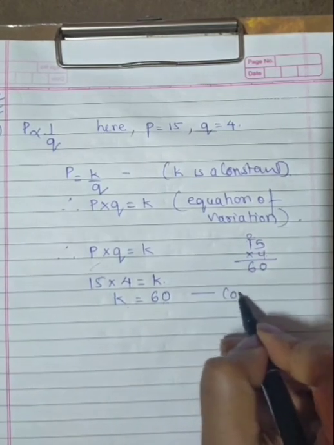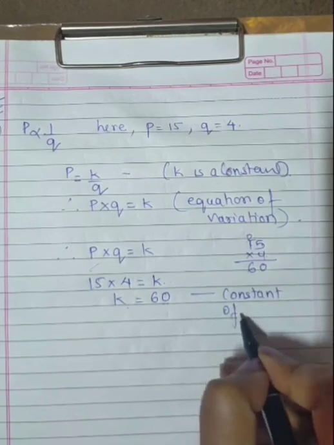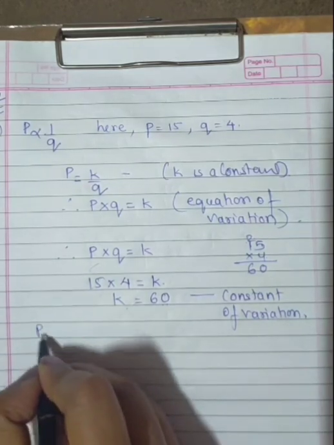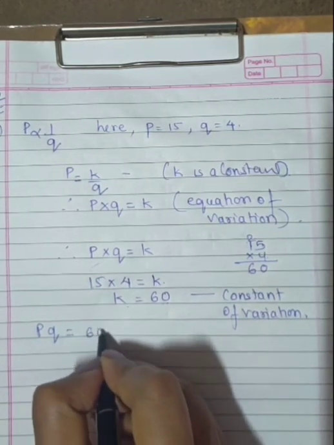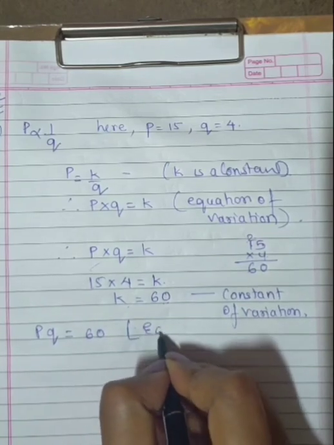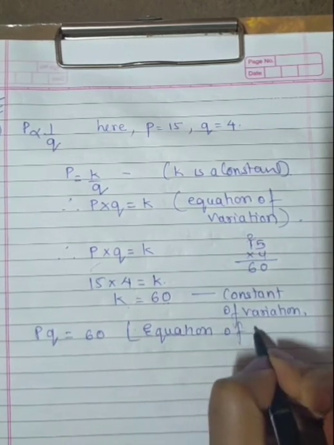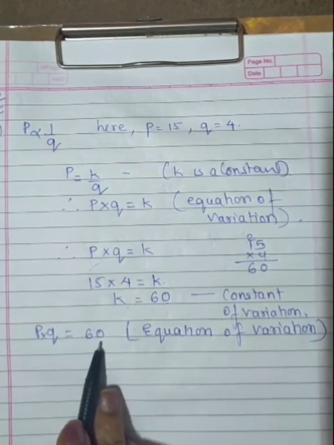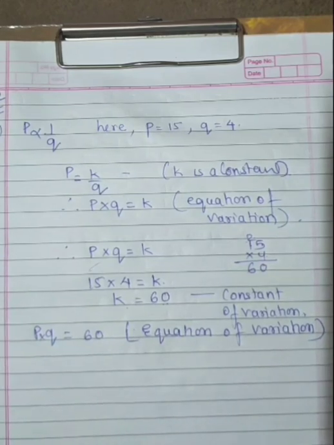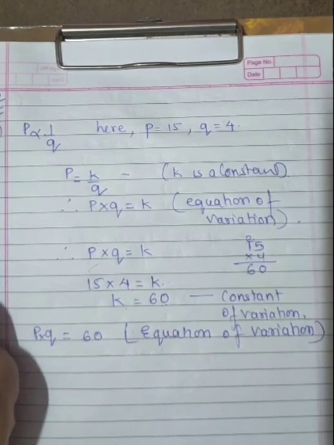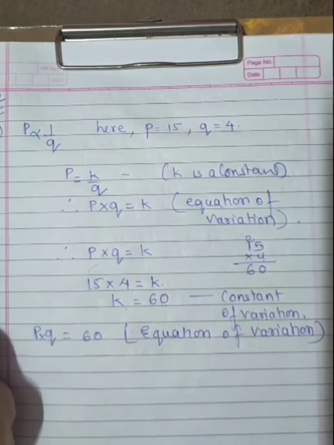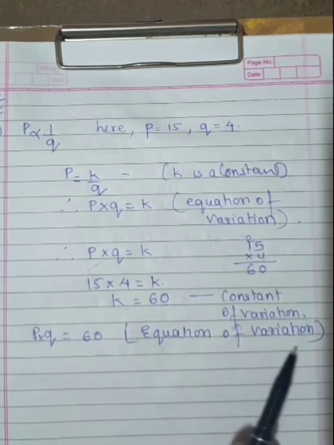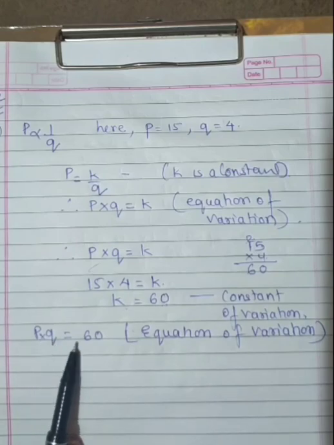It's the constant of variation. PQ equal to 60 is the equation of variation. So we have solved the first sum of question number 2 of 7.2. We got the equation of variation as P into Q equal to 60.